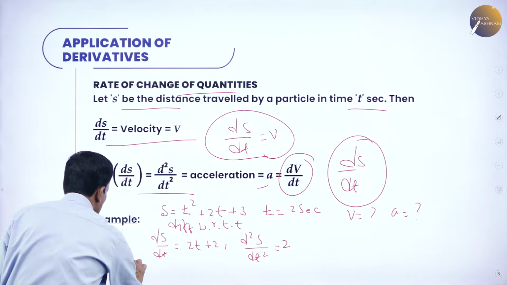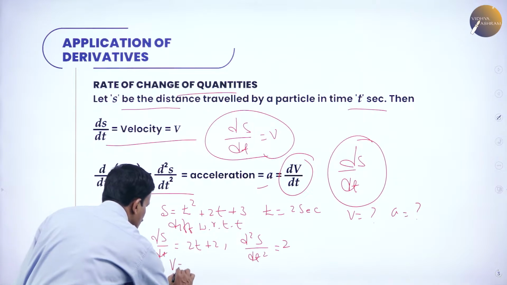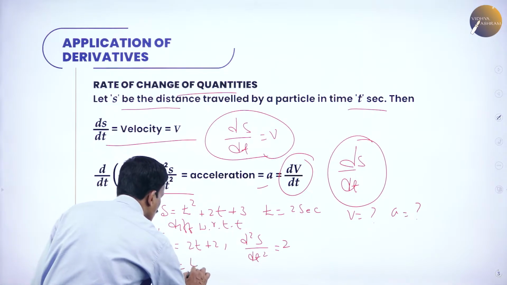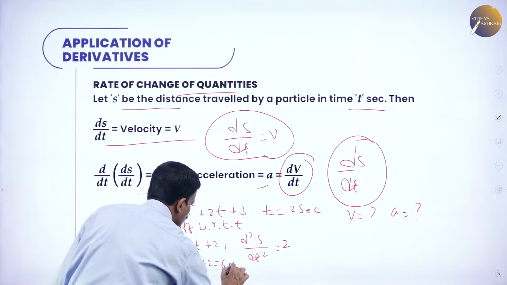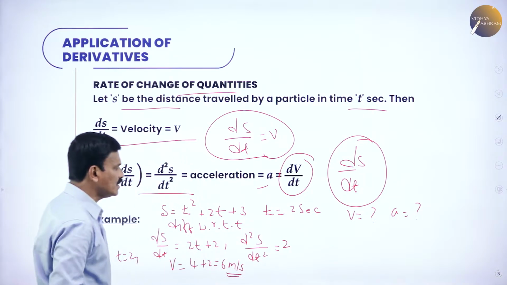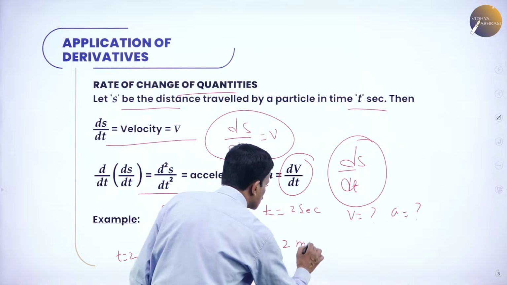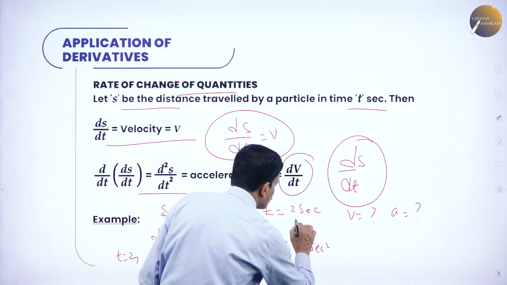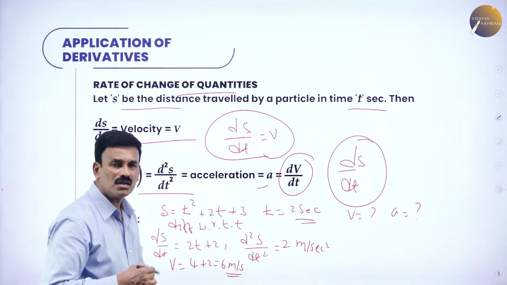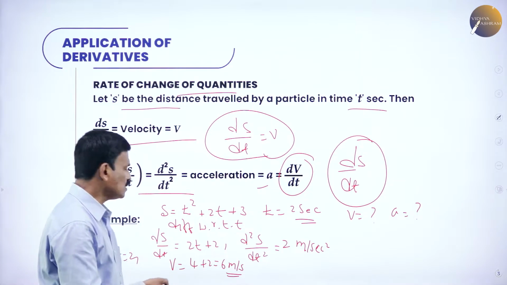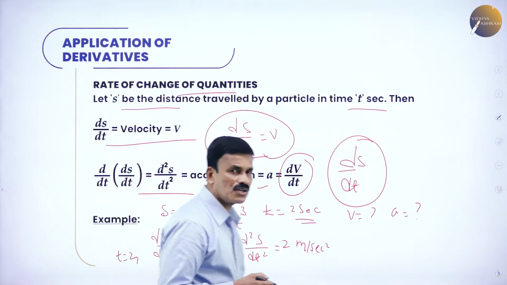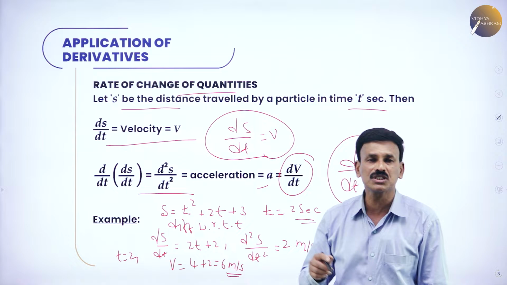Then velocity is equal to 2 into 2 is 4 plus 2, that is 6 meters per second. And d square s by dt square is 2 meters per second square, whatever the unit given, meter or centimeter. This is how we find the velocity and acceleration of a particle.